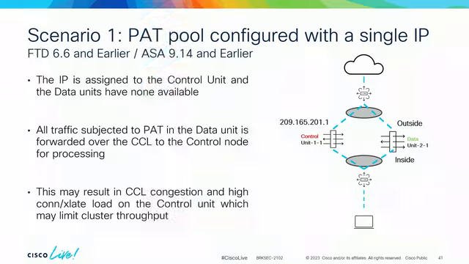In the first scenario, we have a cluster formed by 2 units. And this cluster has a PAT pool configured with a single IP address, which is something common. Now, this scenario can be divided into 2 sub-scenarios.